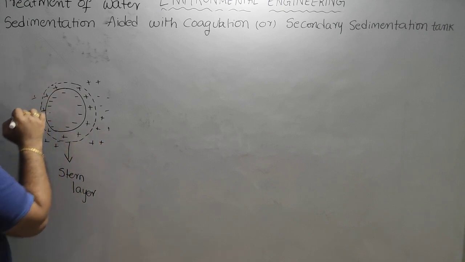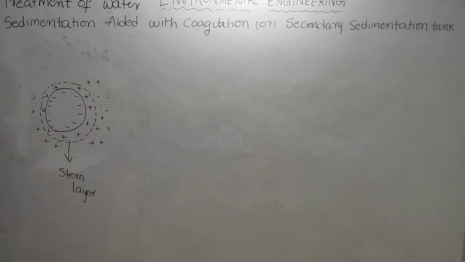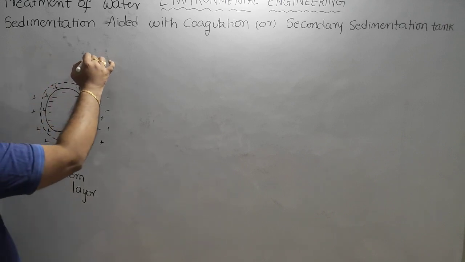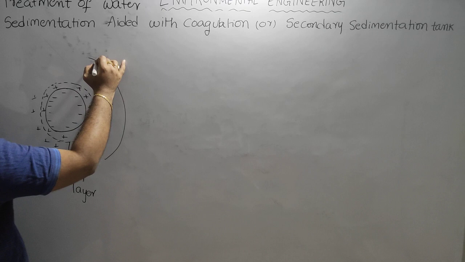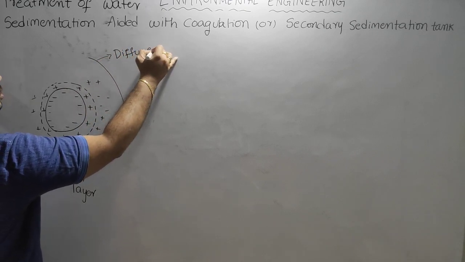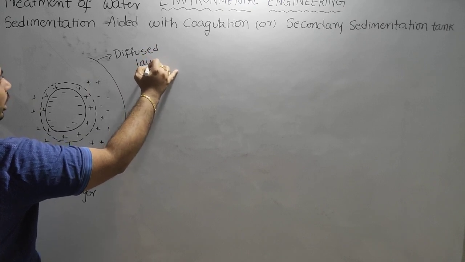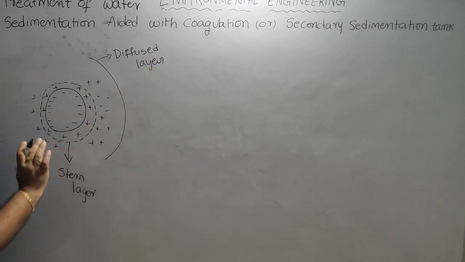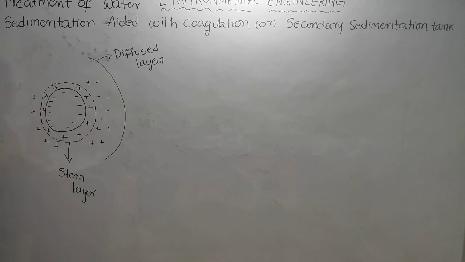This layer is called the diffused layer. So this is the Stern layer and this is the diffused layer. To break this layer we need a potential, that is called zeta potential.